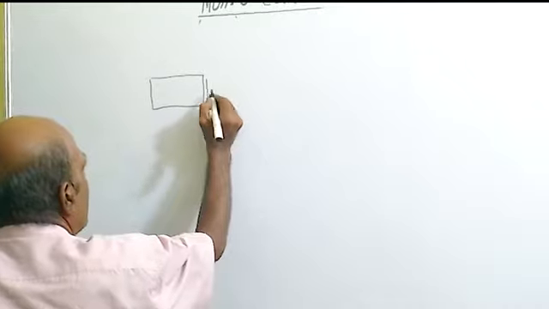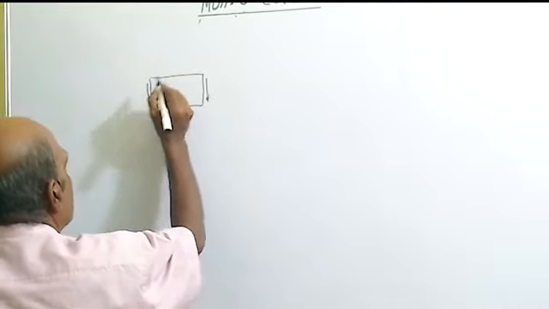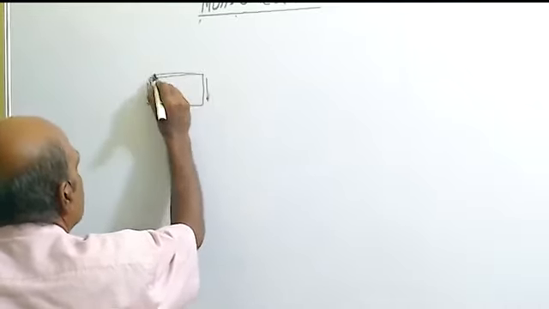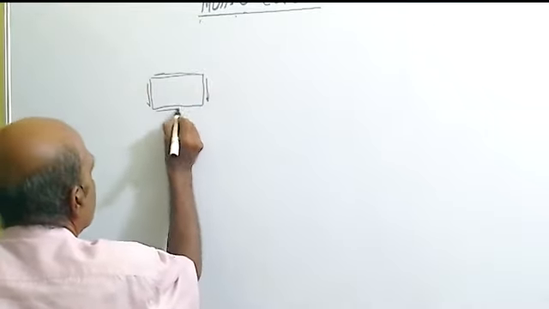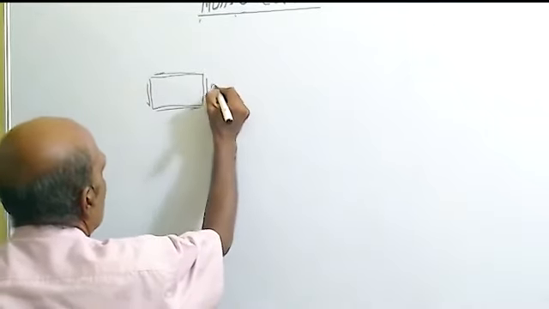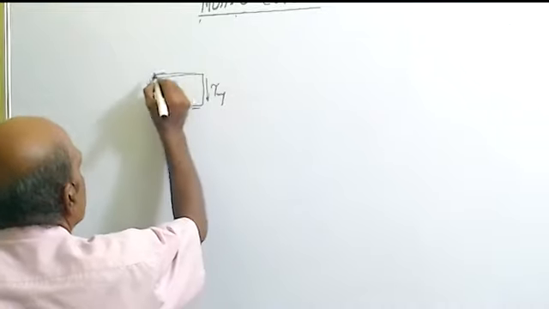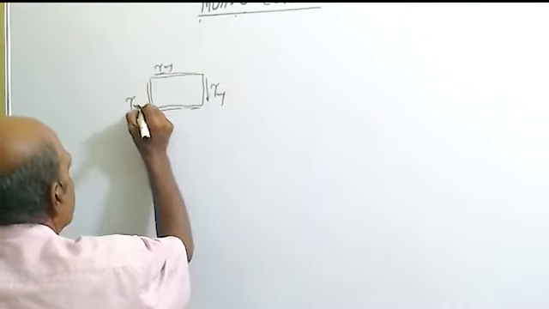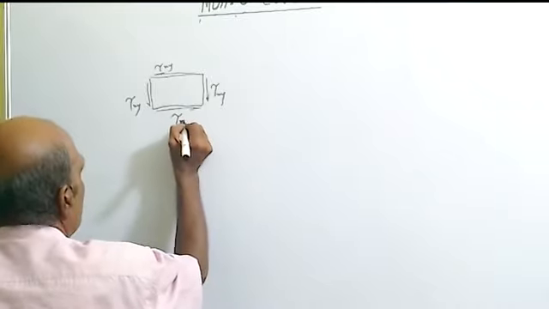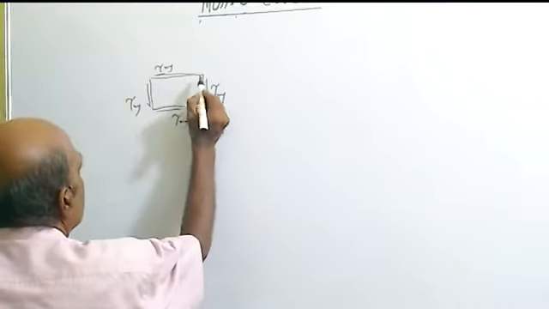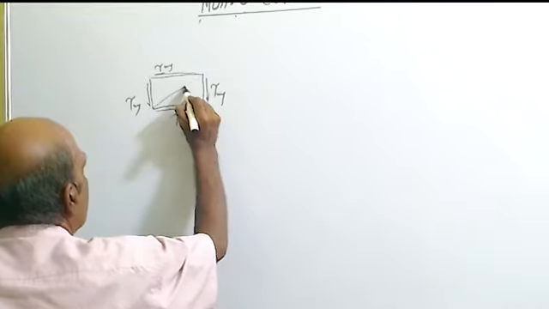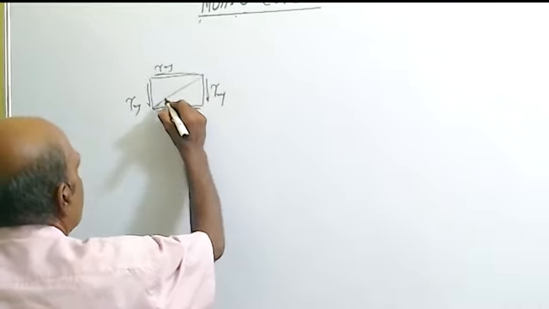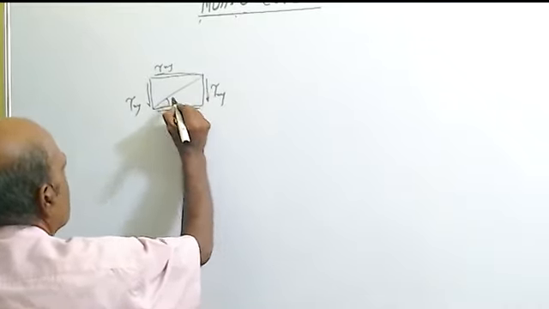Say the clockwise shear stress acts on the x phase and the anti-clockwise shear stress acts on the y phase. So tau xy on each face. Now say this is the inclined plane, making an angle theta with the positive x direction.